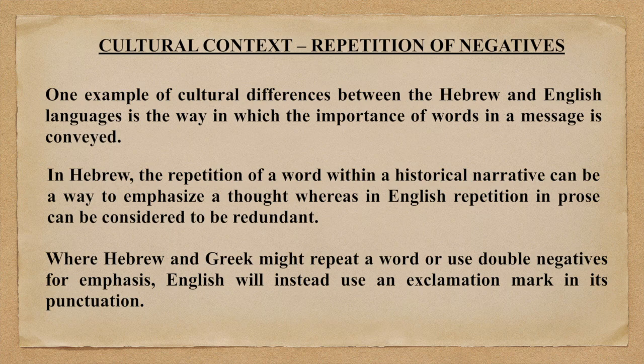Where Hebrew and Greek might repeat a word for emphasis, English will instead use an exclamation mark in its punctuation. Now, English will repeat words in poetry, but in prose, I remember as a child being told, use a synonym, don't keep using the same word over and over and over again.